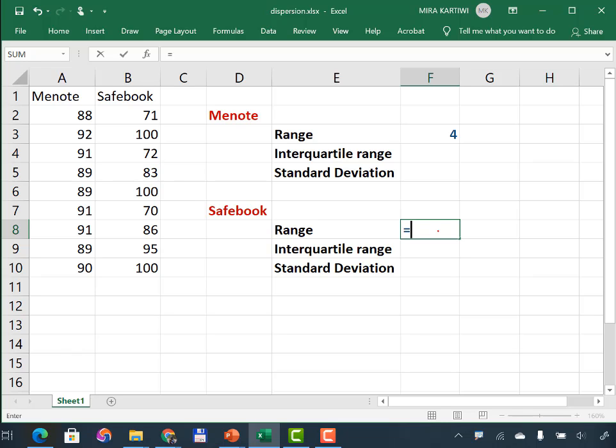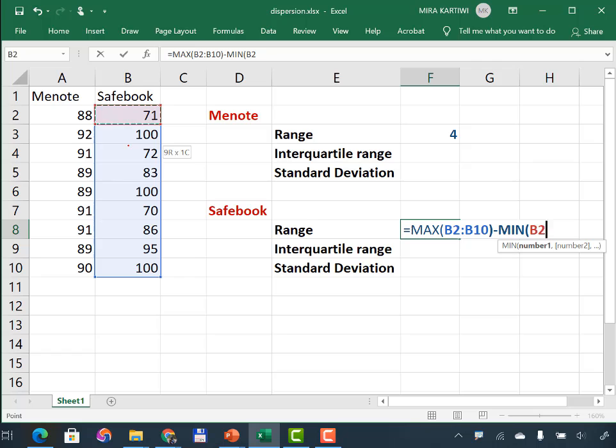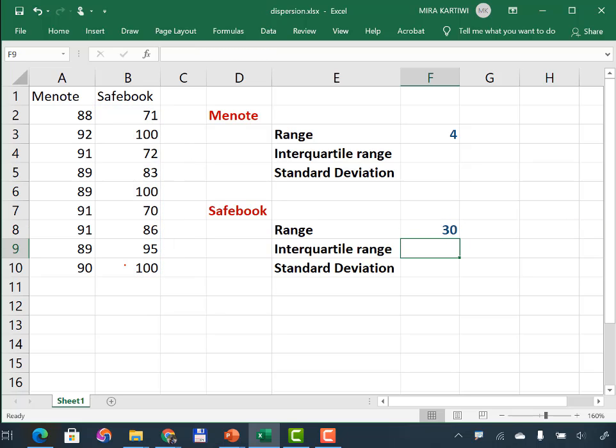The same thing, we're going to do the max for SafeBook minus the minimum of the SafeBook profits. We got 30 for the SafeBook range.